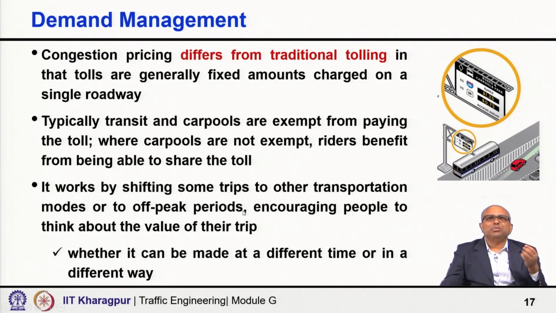It works by shifting some trips to other transportation modes because of this pricing, or to off peak periods, and therefore encourages people to think about the value of the trip, whether it can be made at a different time or in a different way.